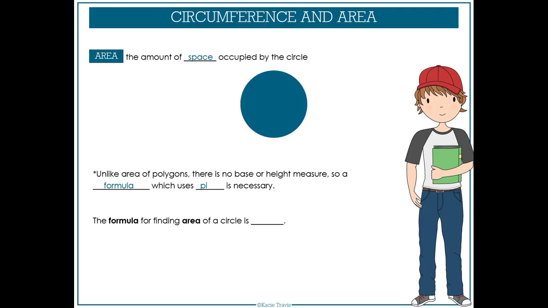That formula for our area of a circle is pi r squared, or pi times your radius to the second power. All right, those are two formulas that we got, so let's take a look at some examples.